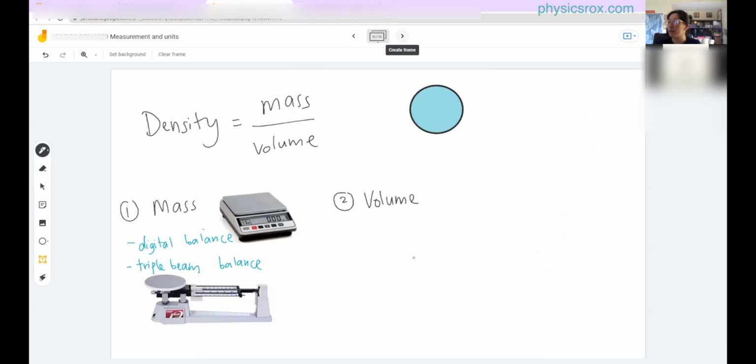So for volume, we will use the water displacement method, where we put it into the measuring cylinder or a displacement can. I'm going to draw it as a measuring cylinder because a lot of the times in past years, the questions always use a measuring cylinder.